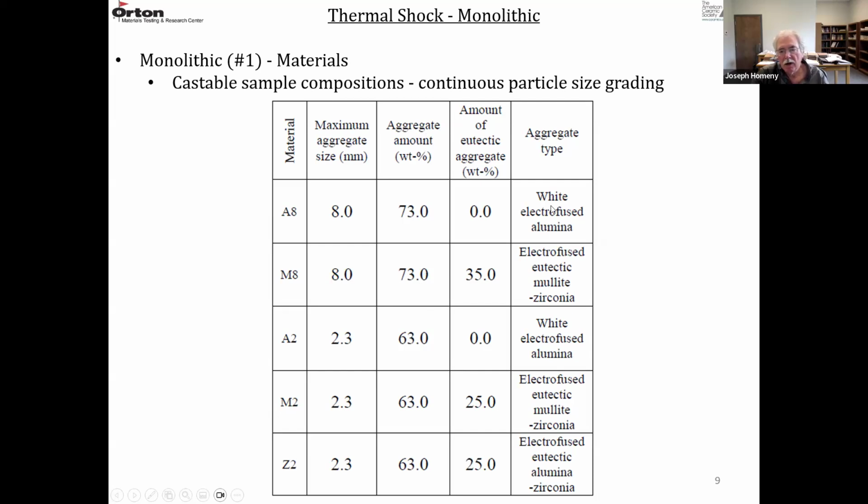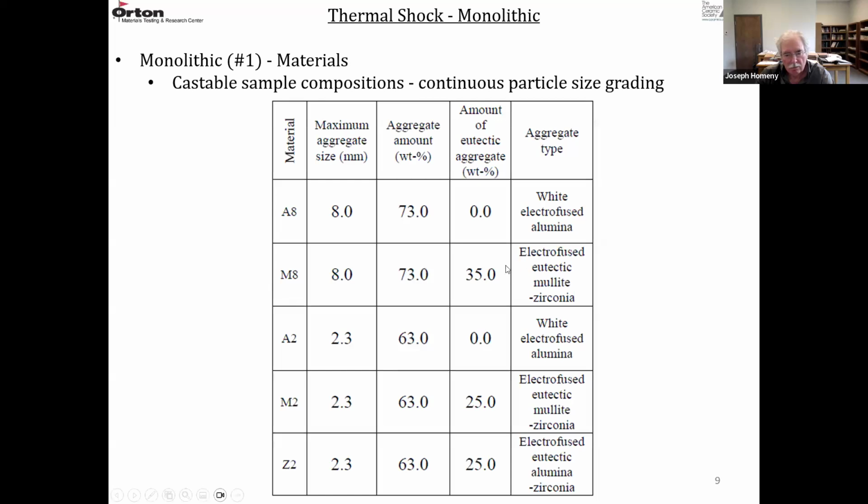So these were all based on a white electro-fused alumina. So fused cast alumina, very dense material, basically zero porosity. But M8, M2, and Z2 had some, again, electro-fused mullite zirconia material at the mullite zirconia eutectic.